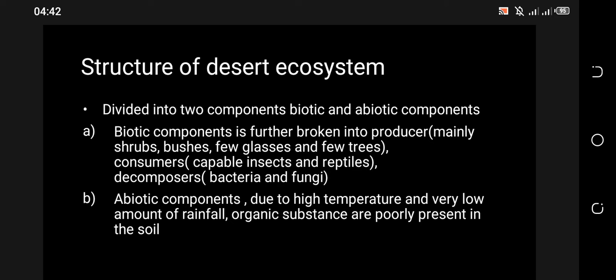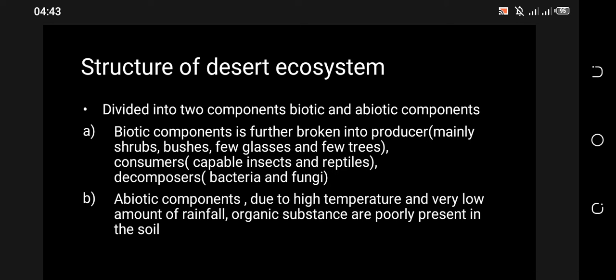Consumers of this type of ecosystem are capable insects and reptiles. The word capable separates those other organisms that cannot survive in this environment. Only those survivors can feed on the producers, which makes them the only consumers in this type of ecosystem.